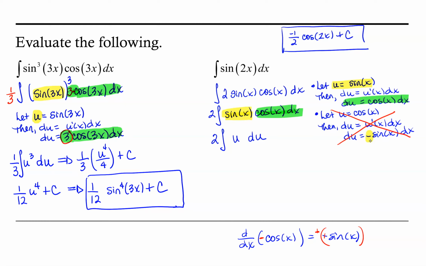The antiderivative of u is u squared over 2 plus c. These 2's can divide out. And we said u was equal to sine of x, so this is sine squared of x plus c.